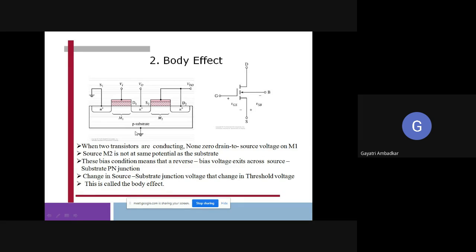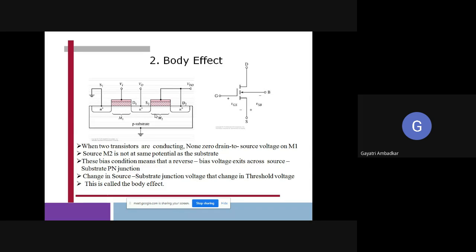So in body effect, we have seen that when there are multiple MOSFETs connected in series, the source and substrate of the first MOSFET are connected together and connected to ground. But for the second MOSFET, we can't do that because the source of the second MOSFET acts as the drain of the first MOSFET. So we cannot keep the source-substrate junction at the same potential. Therefore, there is a difference in source-substrate potential across MOSFETs, and because of that, the threshold voltage also varies.